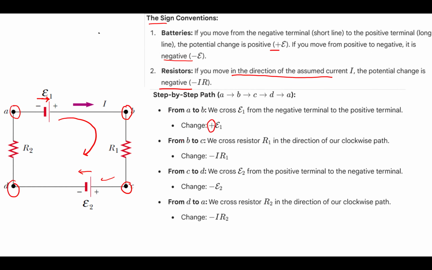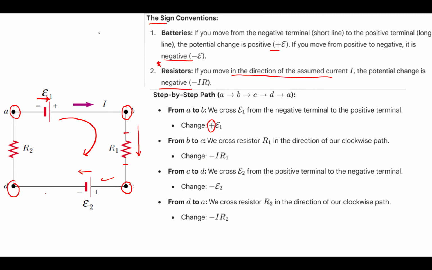From B to C, we have a resistor, and our loop direction is the same as the current direction, so we get a negative voltage difference.